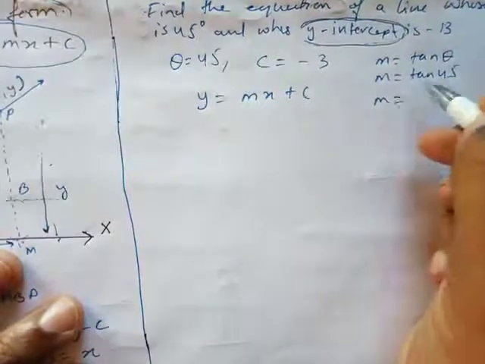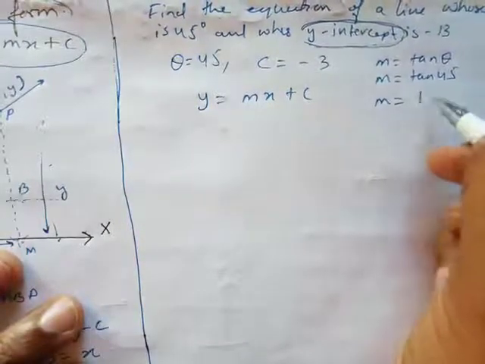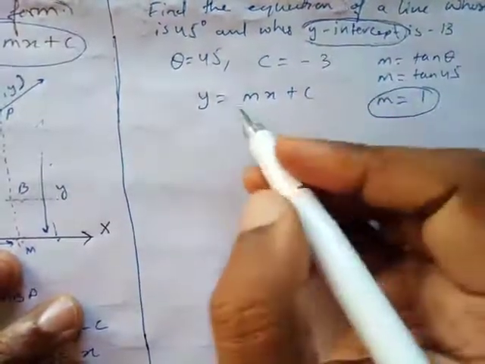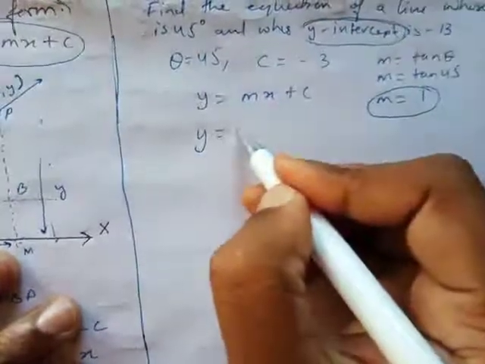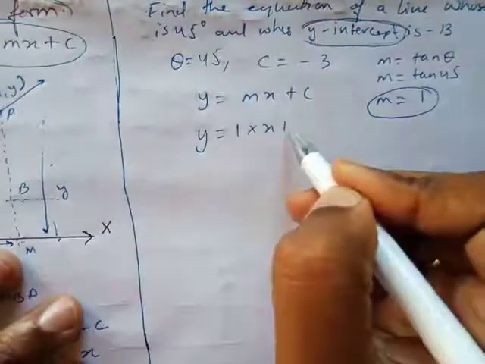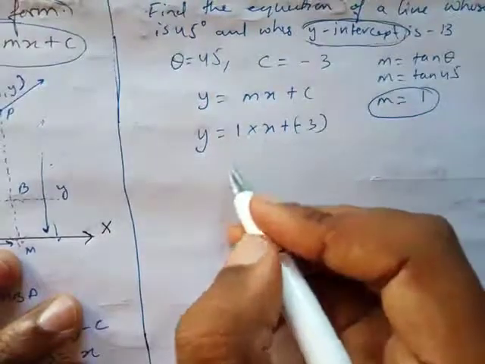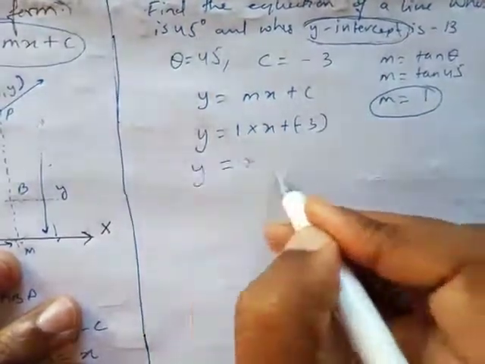tan 45 की वैल्यू कितनी होती है? 1. So I have the value of m now. m is 1 and c is minus 3. I'm going to put the value y equals to 1 into x plus minus 3. So what will I be getting? y equals x minus 3.